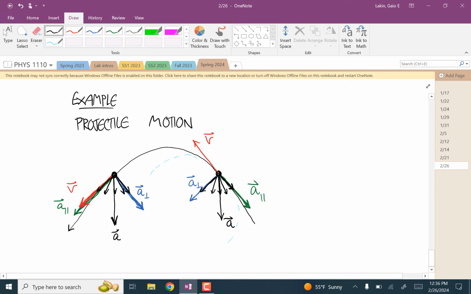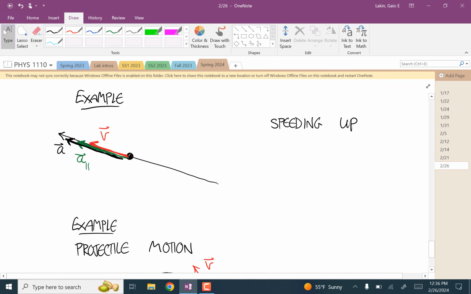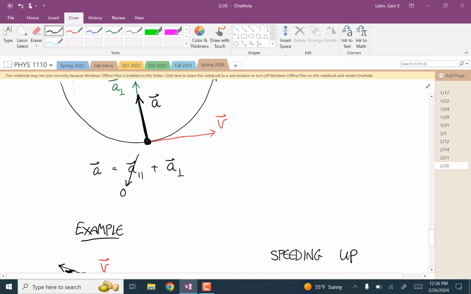So this is a way you can always use to visualize the direction of the acceleration for an object moving in 2D. Okay? And remember it also works if you are not changing speed or if you're not turning.